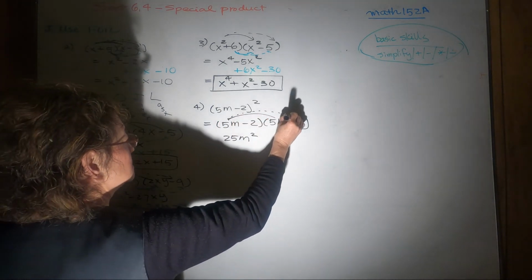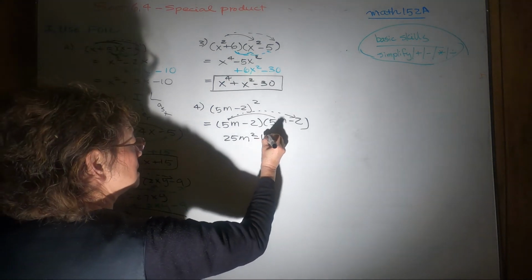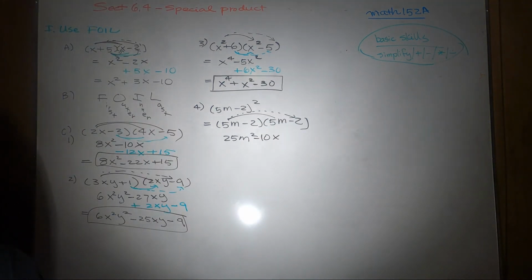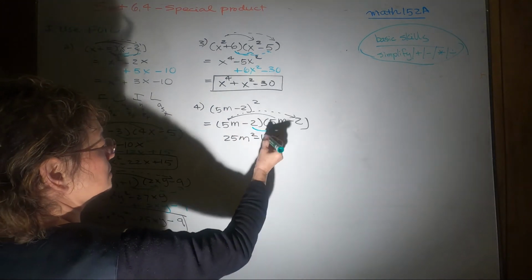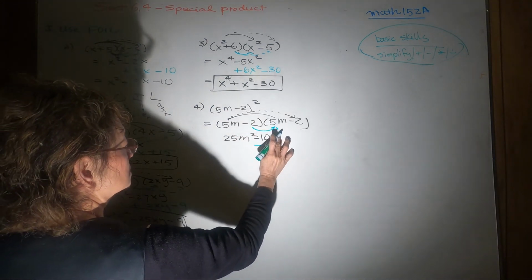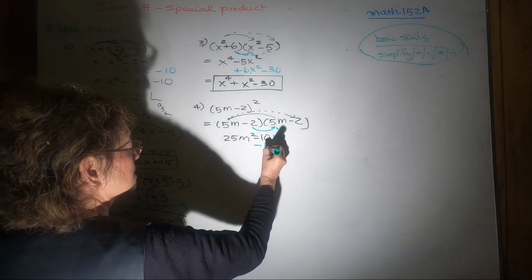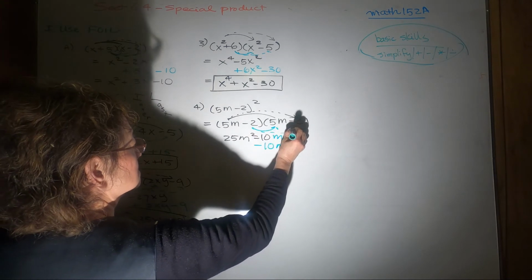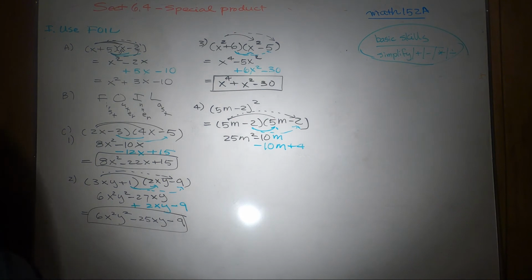Then the first term times the following polynomial is negative 10m, right? And this one, inner, is what? This one is another minus 10m, then this one will be plus 4, right?